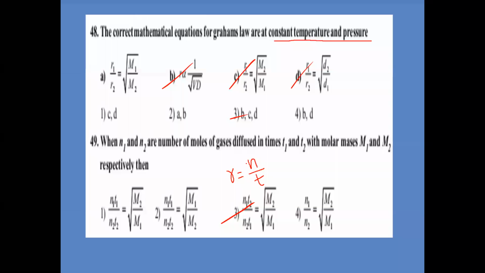We can also take volume by time as the R value, or number of moles diffused by time taken. And R can also be the change in pressure divided by time. Remember, these are all important areas to understand.